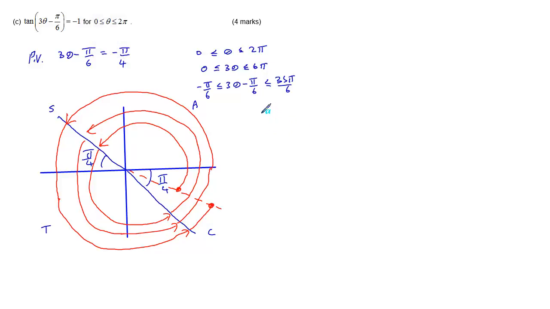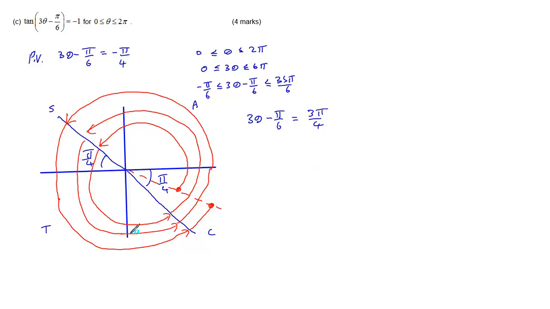So 3 theta take away pi by 6 is going to be, the first solution was around here, so from negative pi by 6 through 0, and then we went round to here, which is 3 pi by 4, pi by 4 before we get to pi.